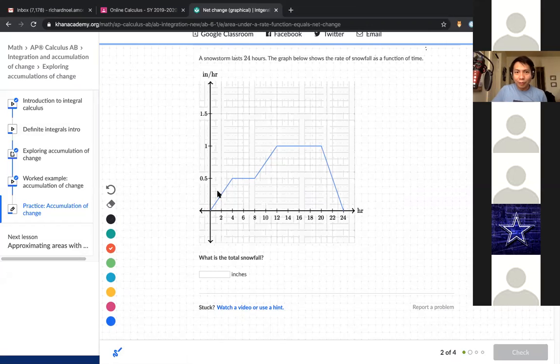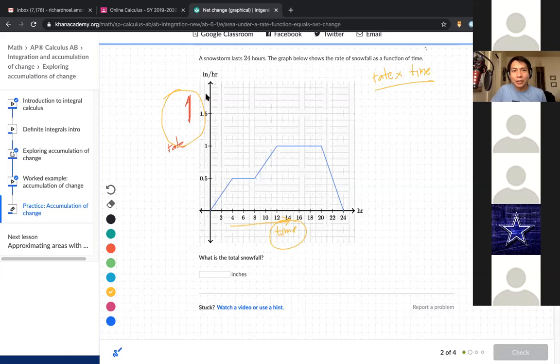Normally your y-axis in this case is going to be your rate, and your x-axis will usually be your time. So that's rate multiplied by time. So what happens if we multiply rate by time?